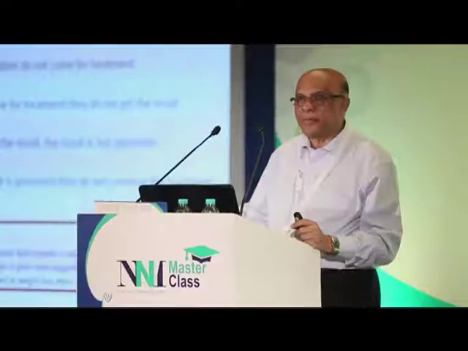The treatment part, I will spend a little bit of time. The reason for that is that most of the obese children do not come for treatment. Even if they come for treatment, they do not get the result. Even if you get the result, it is not persistent. And if the result is persistent, they do not continue the treatment. So what is the point in treating them?